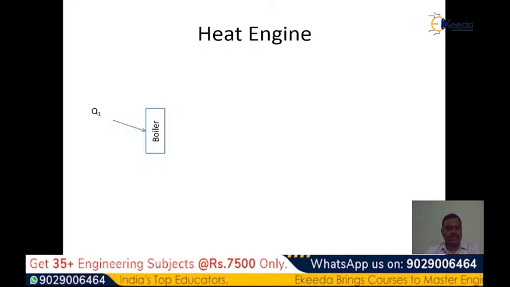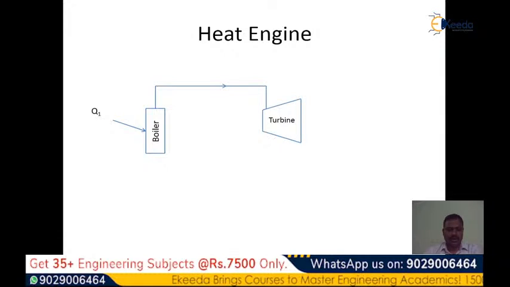That high pressure, high temperature steam is supplied to a turbine, where that steam expands and does work upon the turbine blades. So that will produce work output, and the low pressure steam, sometimes dry saturated or wet, comes out of the turbine and enters the condenser.